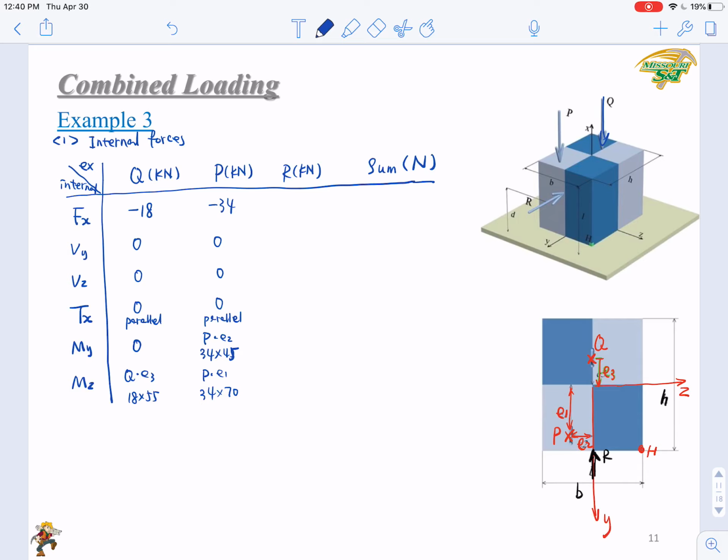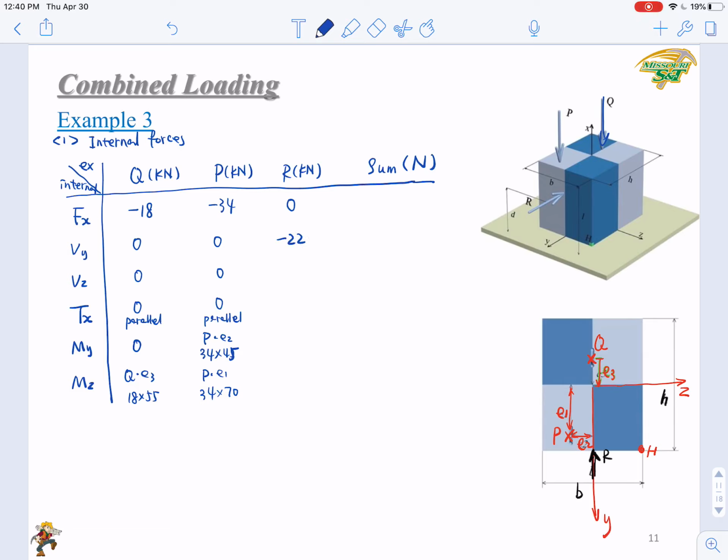Then will it generate Fx along x direction? So no, it's along y direction, right? R is along y direction, so nothing on x. But it will be on y-axis, right? So along negative y-axis, negative 22.